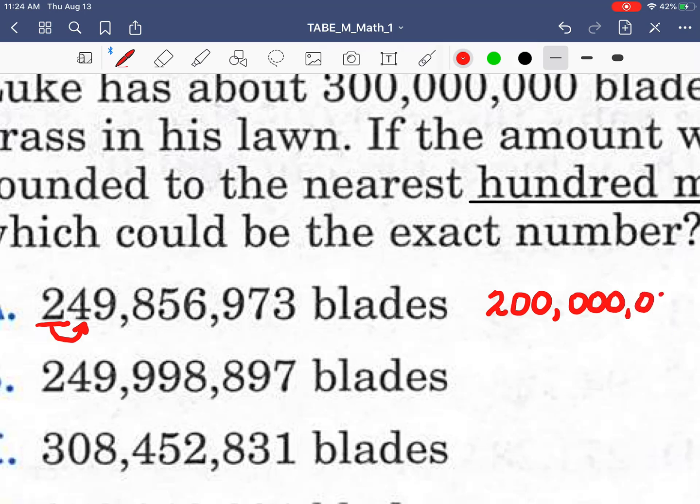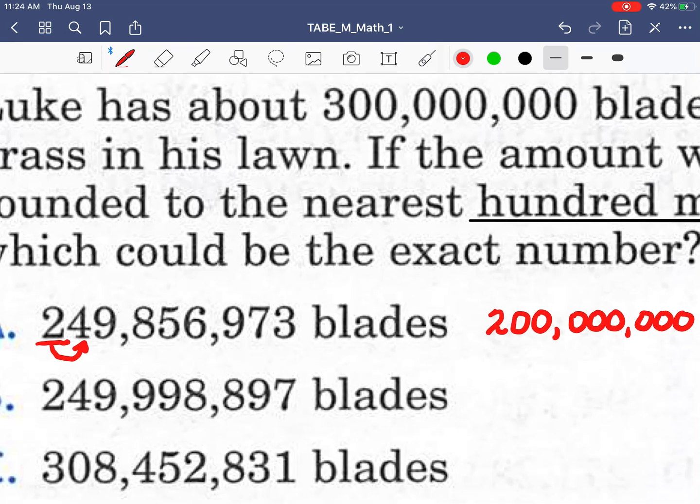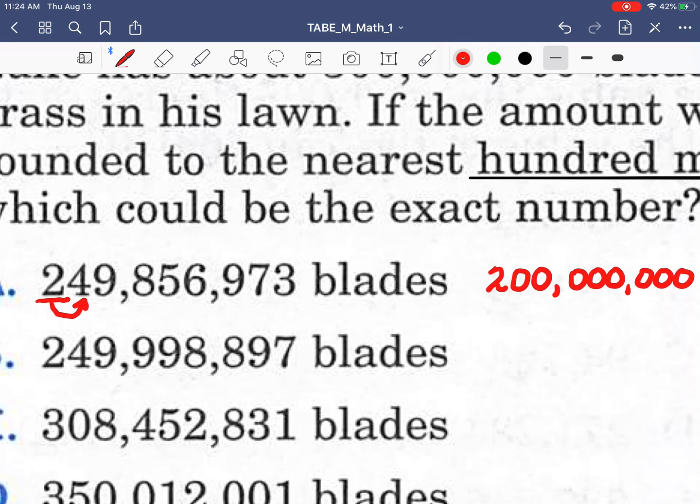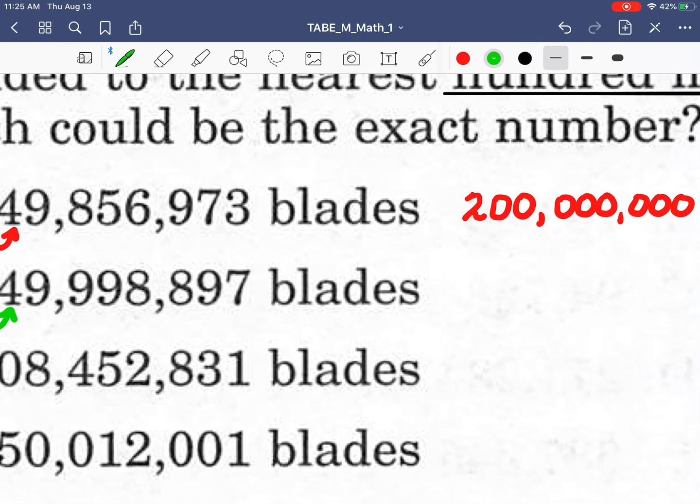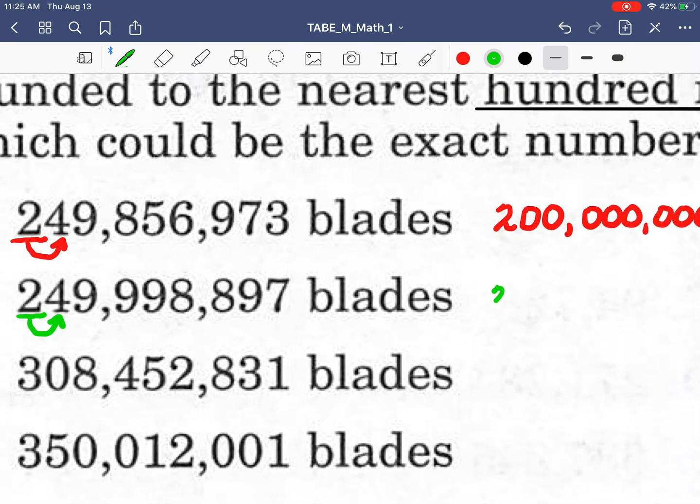This rounds to 200 million. That's not it, because we're looking for 300 million. Okay, this one, here's your point of reference, there's your neighbor. Neighbor says stay. So you have again a 200 million.